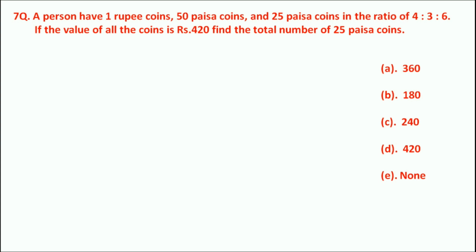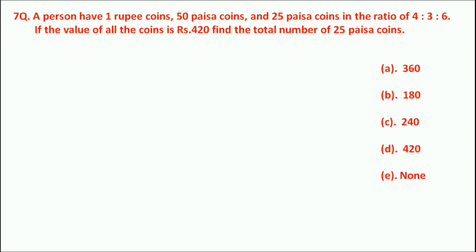Let us read the next question. A person has 1 rupee coins, 50 paisa coins, and 25 paisa coins in the ratio of 4 is to 3 is to 6. If value of all the coins is rupees 420, find the total number of 25 paisa coins.